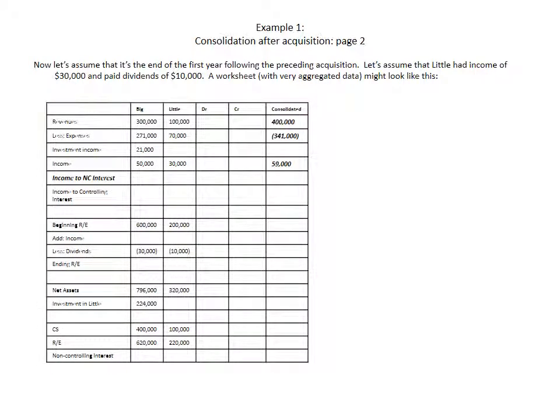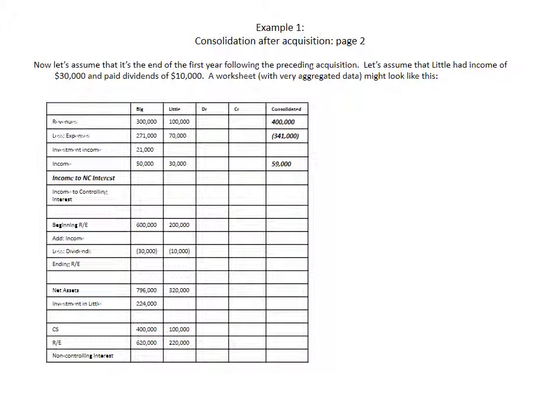And again, the problem we're going to see is if we were to simply add across the revenues and the expenses, the revenues we'd add across 300,000 plus 100,000 is 400,000. The expenses we add across 271 plus 70 is 341,000. The investment income always goes away, and so our income would be $59,000. But again, the problem is we, Big Company, don't own all $59,000.